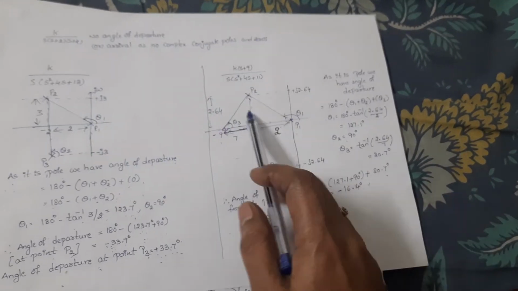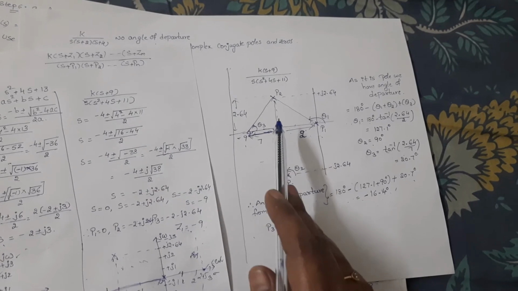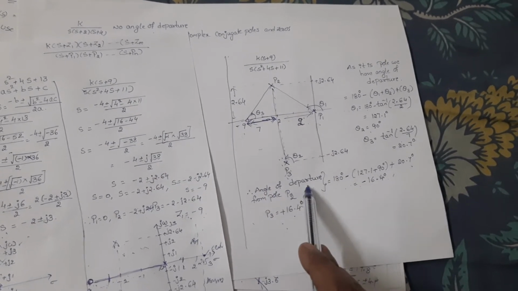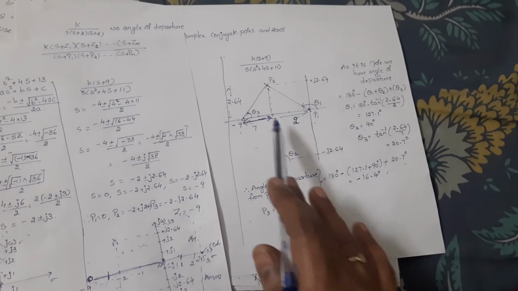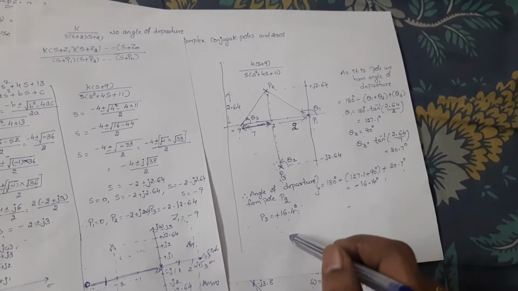And what are the angle of departure and angle of arrival we got for this problem? It is the angle of departure, because it is a pole. So the angles are minus 16.4 and plus 16.4.